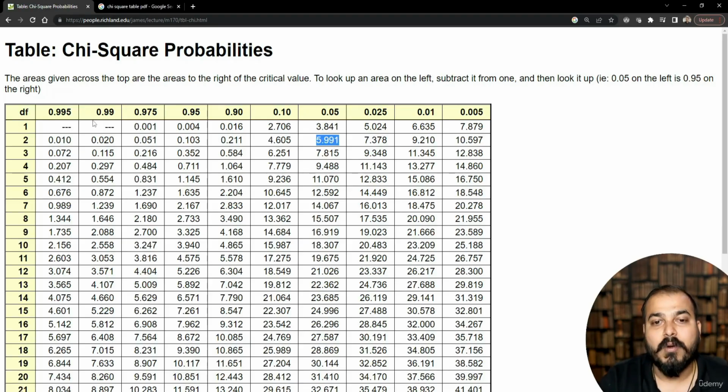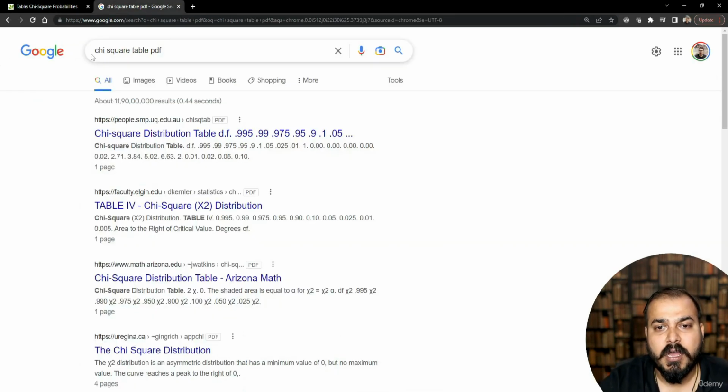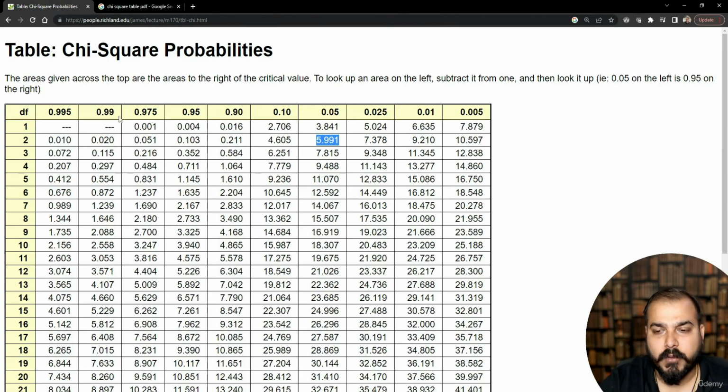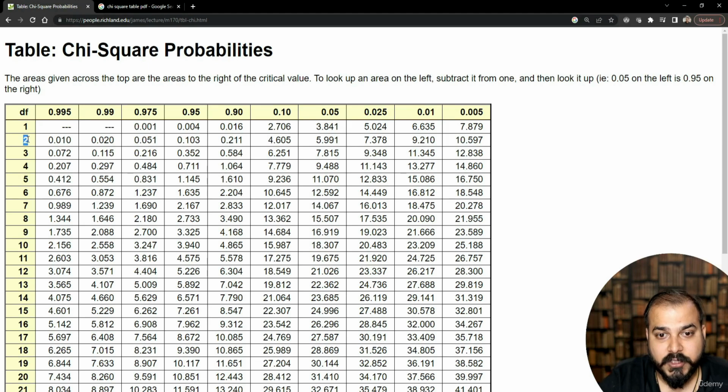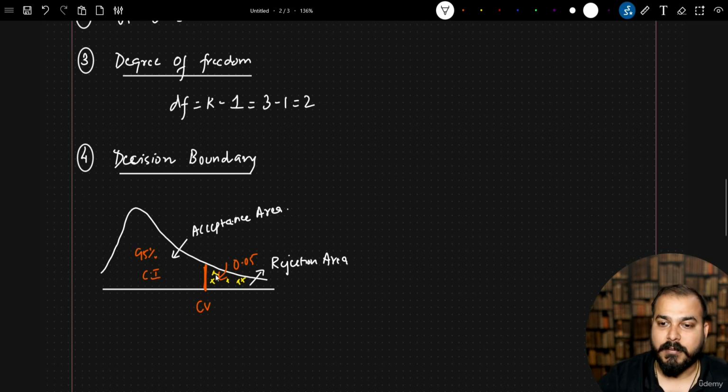So this is how a chi-square table looks like. You can just go and search for chi-square table PDF and you will be able to get this. Now here you can see on the top, you have the significance level value. Right now my significance is 0.05. My degree of freedom over here is 2. So based on this, I'm going to get 5.991. So my critical value is 5.991.